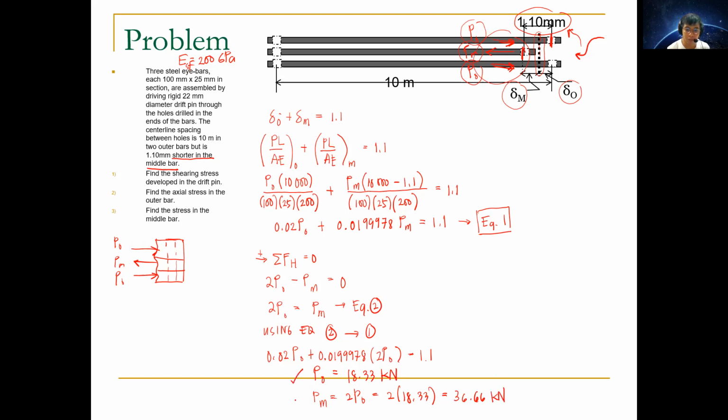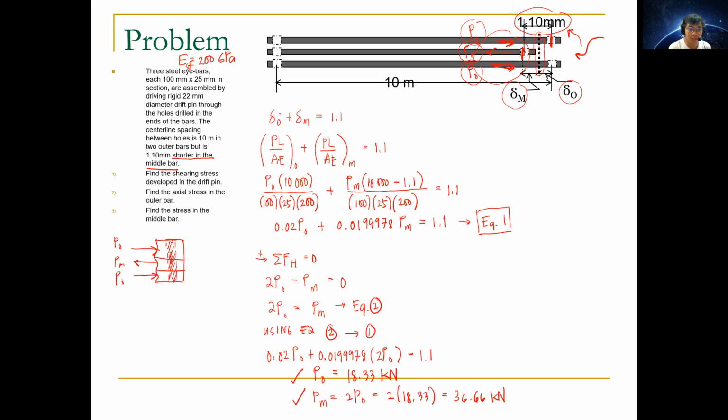So we have P sub O, we have P sub M. Since we have the two forces now, we can now solve for the asked items in the problem. So the shearing stress developed in the pin. The pin is the one connecting the 3 plates.